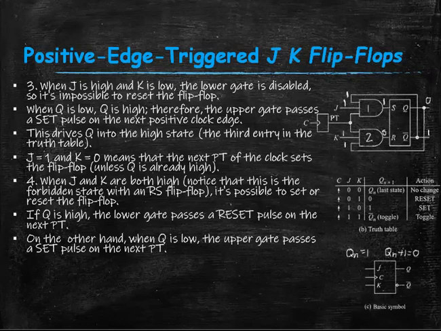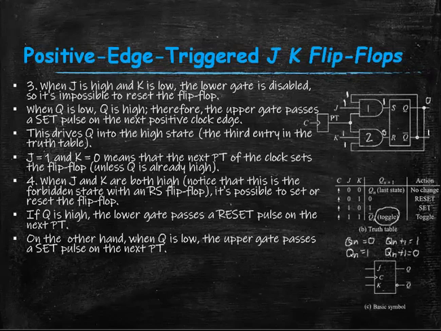Then when Qn is equal to 0, Qn plus 1 is equal to 1. That is, Qn changed from 0 to 1. That means we call it toggling.